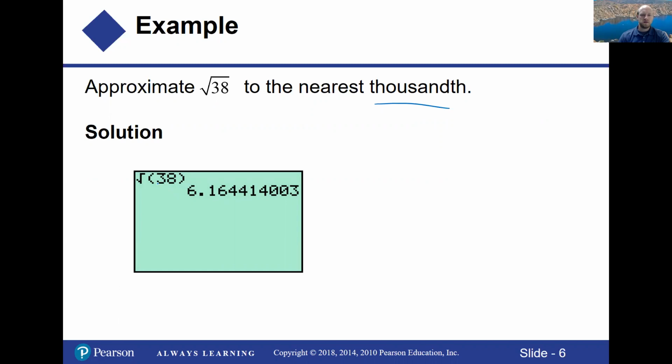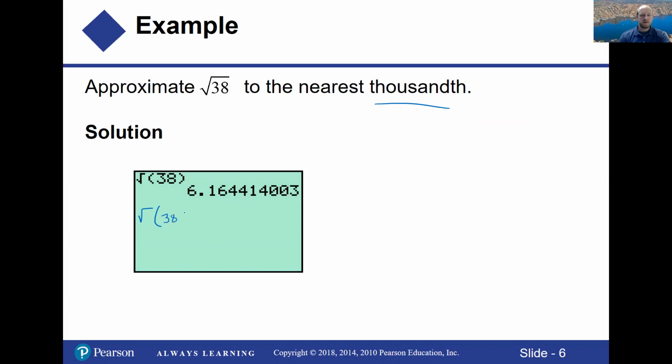Notice if you do a radical, if you're using a graphing calculator, you'll want to put that number in parentheses. So when you type it, it'll have this first part, and then whatever you want under the radical is going to go in parentheses like this.